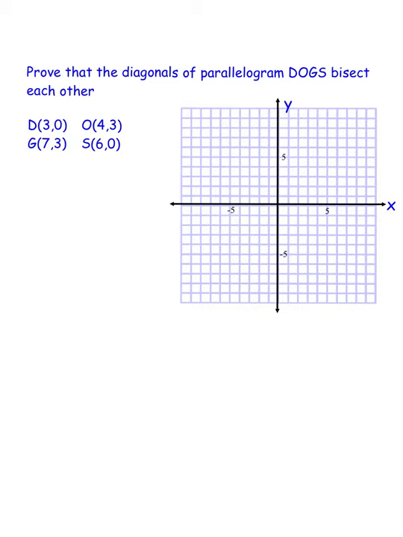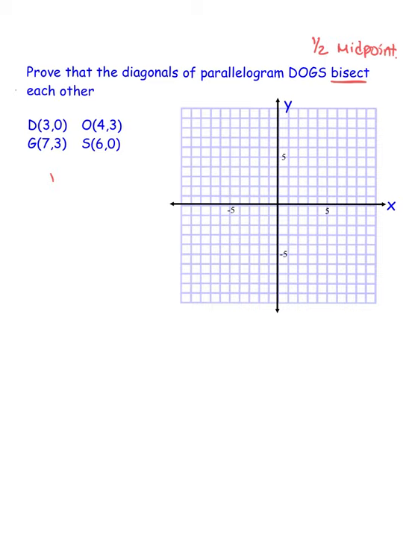Okay, if we look at the first example, it says prove that the diagonals of parallelogram DOGS bisect each other. So the first thing that we're going to do is underline the key word. It says bisect. So we know that means cut in half or have the same midpoint.